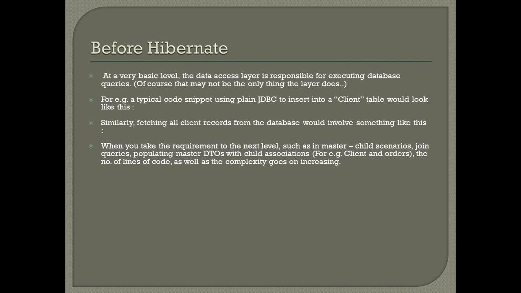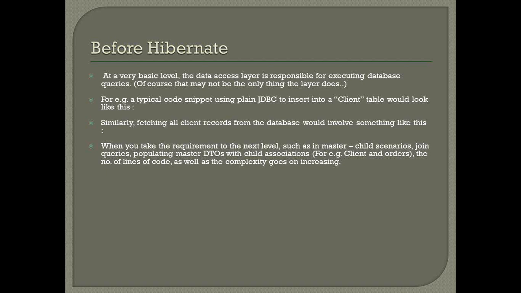Now these two examples which we took were very, very basic. You were just inserting into one table, just 3 or 4 columns in that table. Even while fetching, we are just fetching from a single table. But in a practical application, it wouldn't be that simple. You would have complexities where you have to insert a master-child relationship, where you have a client table and a client details table, for example, or an order and an order items table.